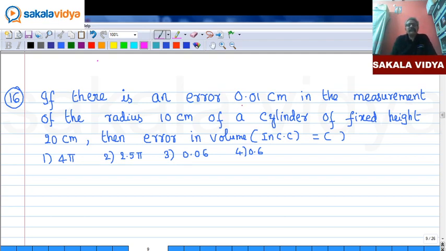If there is an error of 0.01 centimeter in the measurement of the radius 10 centimeters of a cylinder of fixed height 20 centimeters, you need to find the error in the volume. This is a cylinder, this is the height of the cylinder, this is the base radius r, which is changing, and the height is fixed.